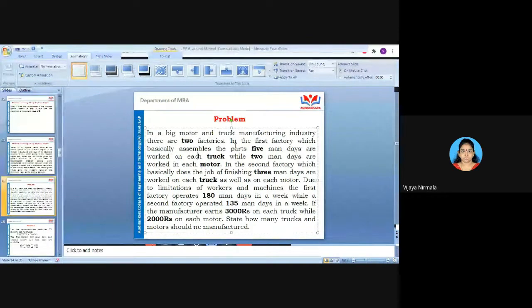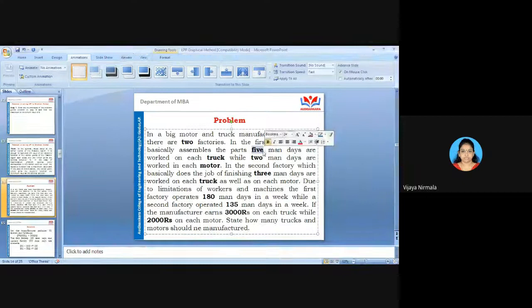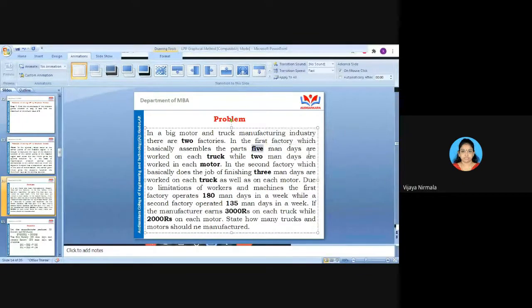In the first factory, it used to assemble the parts, and 5 man days are worked on each truck. See, I have highlighted that also. 5 man days are worked on each truck, while 2 man days are worked on each motor. 2 man days means it takes 2 working days.